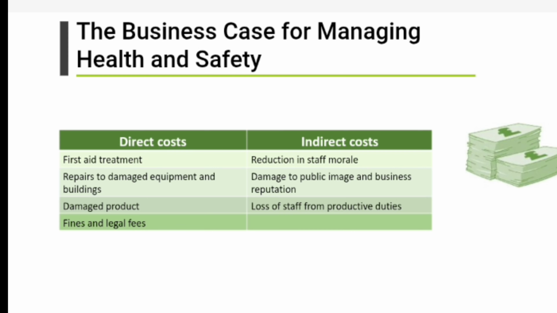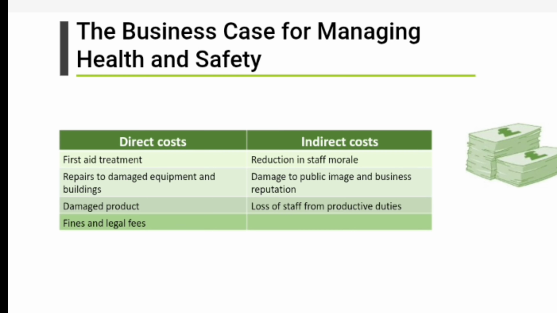Direct costs include expenses such as first aid treatment, repairs to damaged equipment and buildings, damaged products, and fines and legal fees resulting from non-compliance with health and safety regulations. Indirect costs are more challenging to measure but equally important.